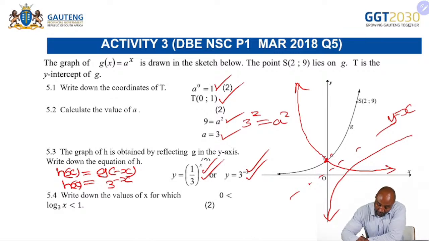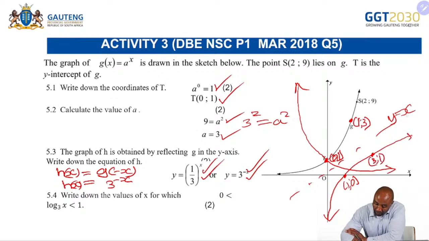We know that at this point, we have coordinates (0; 1). And somewhere here, when our x is 1, our y will be 3. Something like that. And on the inverse, these interchange, so we will have (1; 0). And somewhere here, we'll have (3; 1).